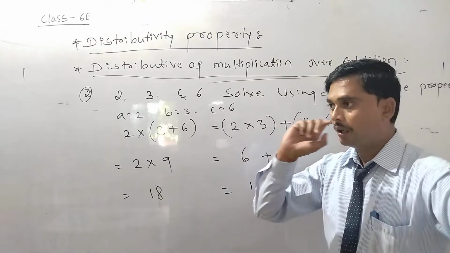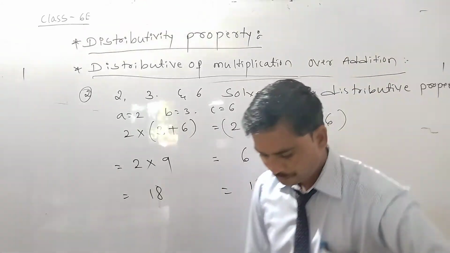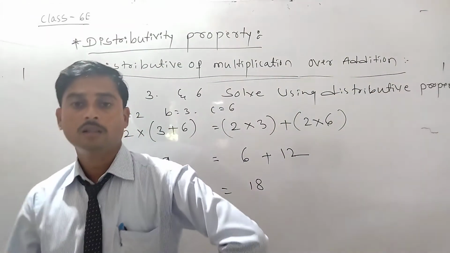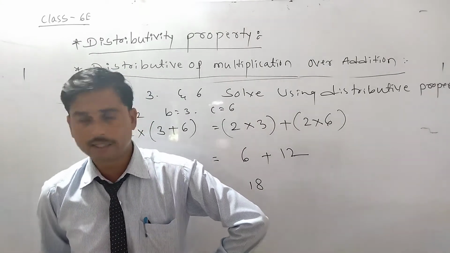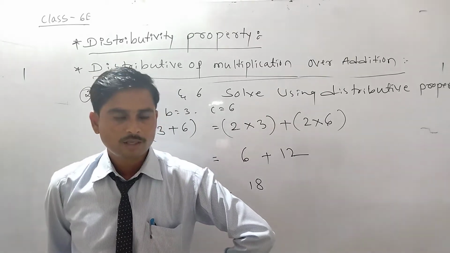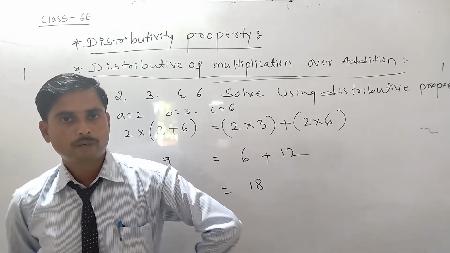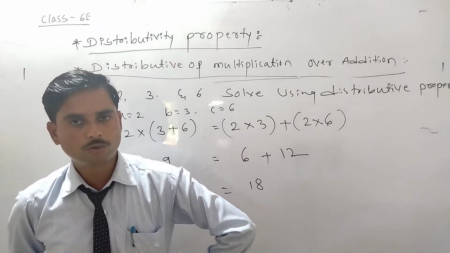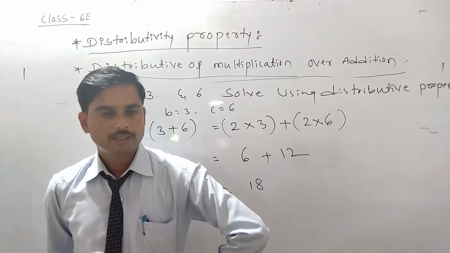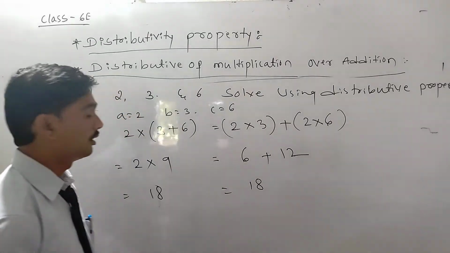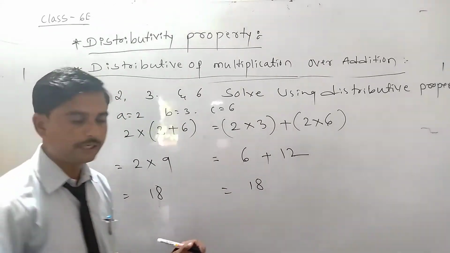Now you know we already discussed how to solve the associative property, because there also one formula is there. What is that formula? A into bracket B into C is equal to bracket A into B bracket complete into C. That is called the associative property of multiplication.